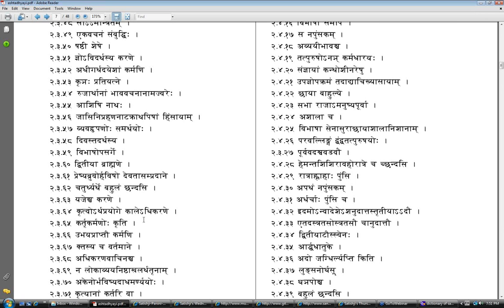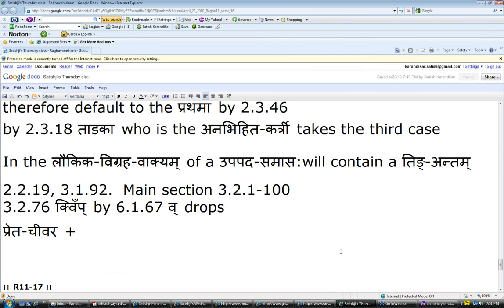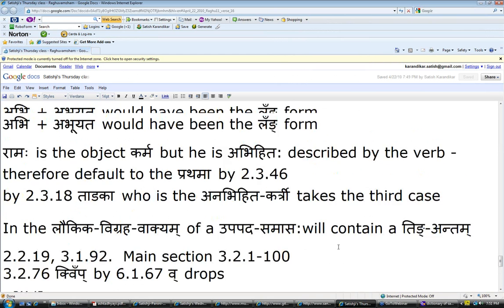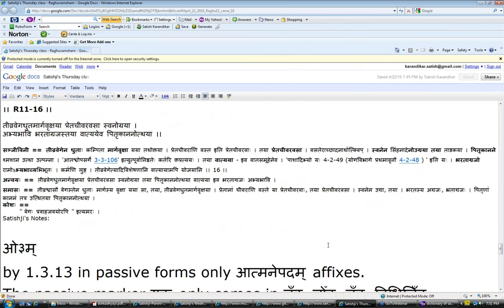So now I was about to show you why I get into all of this now, because I was about to show you that you can look at the Laukika Vigraha Vakyam and according to that make the Alaukika Vigraha Vakyam, because we already know Preta Chivarani Vastaiti Preta Chivaravaha.